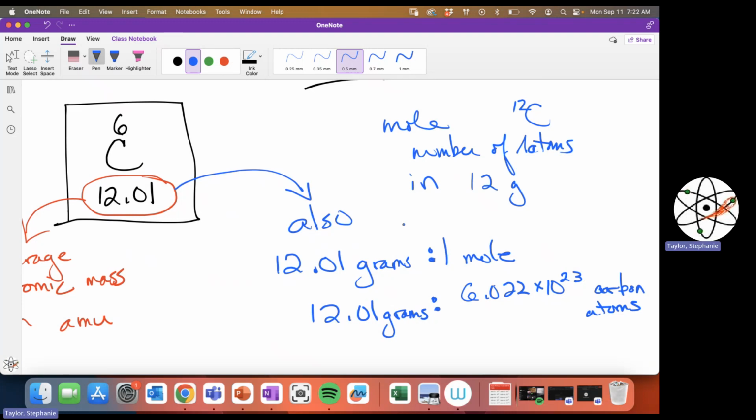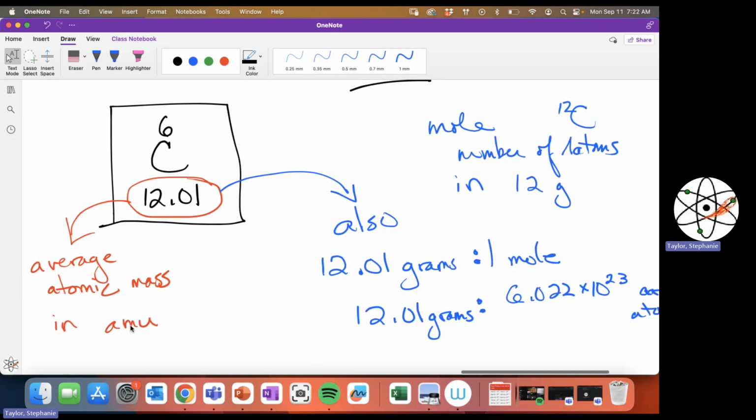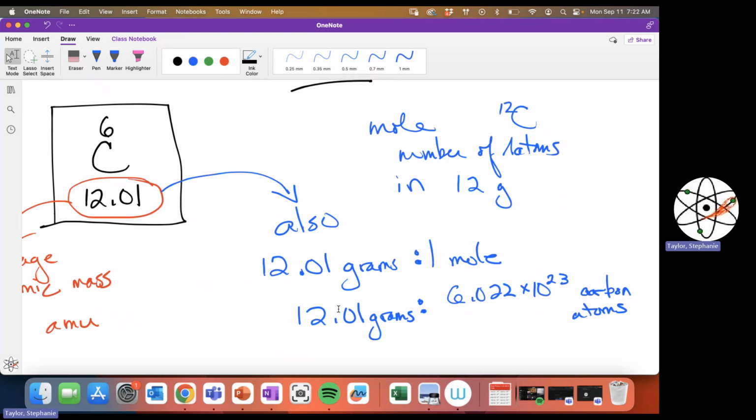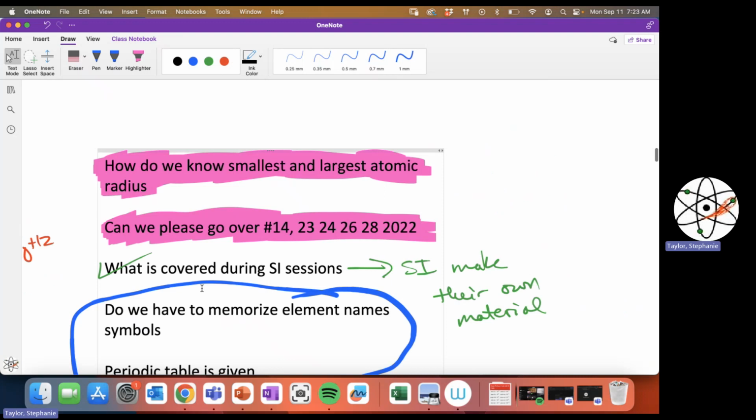So this does sound kind of circular, but that's really because we want the AMU and this grams to mole ratio to both mean something and work together. So it does have two different units or two different meanings, one on an individual atomic scale, the other one on basically a human scale, where we can talk about how big things actually are in real life.